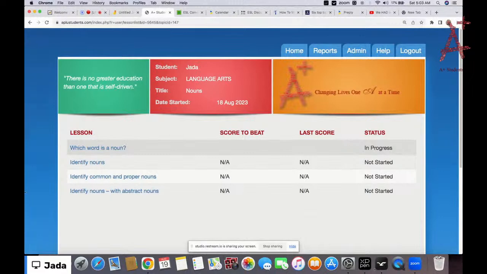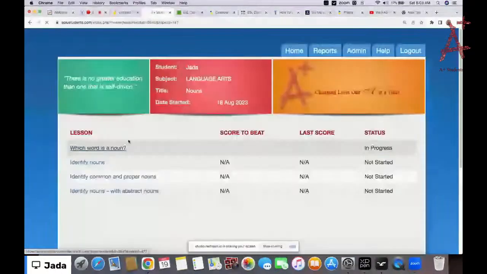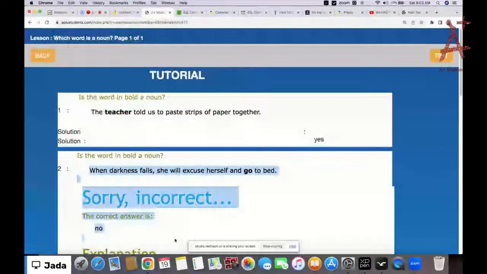The first lesson says, which word is a noun. So first of all, we need to find out what the first lesson is all about. Which word is a noun?